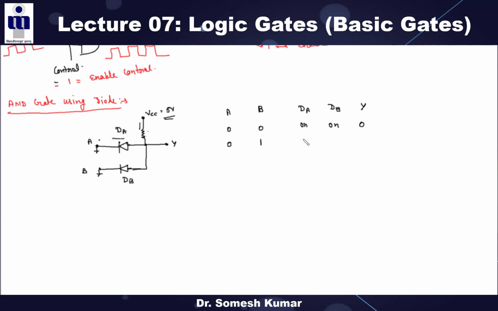DA is basically on in that case. And what about DB? See, here the 5 volt is connected, right? And here it is less than 5 volt, because some resistance is there, some minor drop should be there, right? So it is reverse biased in that case, and your DB should be off, right? But what is the output in this case also? 0.